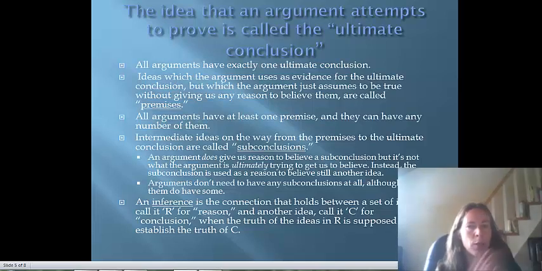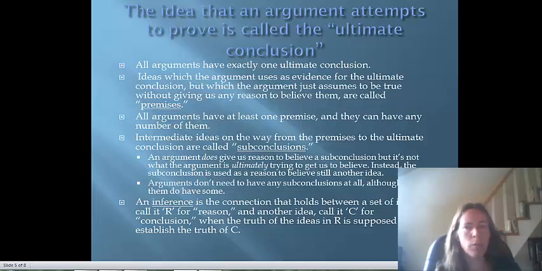The ideas that you're using as evidence, but you don't first establish those ideas as being true, you just assume they are, that's called your premise. All arguments have to have at least one premise, and they can have any number of them. You can have a whole bunch of premisi. My Latin's not so good. So keep that in mind. Just like we saw with the syllogism, you've got a major premise and a minor premise.